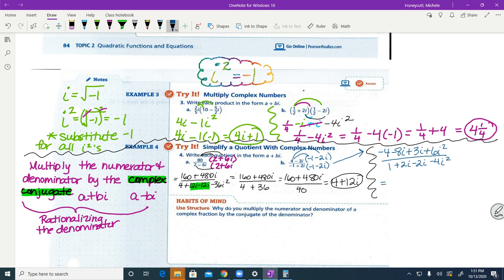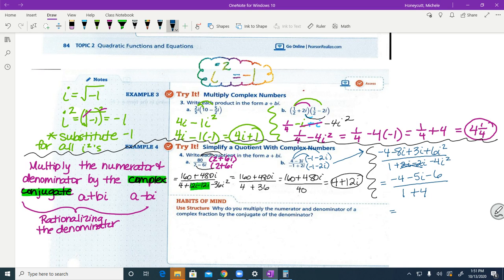If I simplify the numerator, I've got negative 4. Negative 8i plus 3i is minus 5i. And 6i squared is the same as 6 times negative 1, so minus 6. Denominator, 1. The 2i's cancel. And then negative 4 times negative 1 is positive 4. Simplify everything a little further.